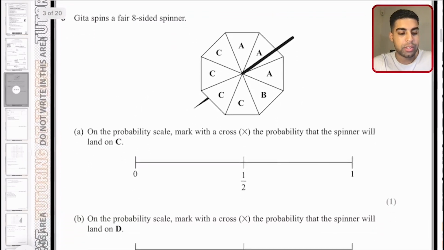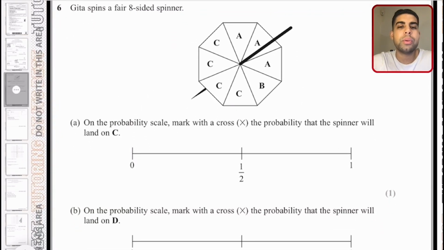And let's move over to question 6. So Geeta spins a fair 8-sided spinner. And on the probability scale, we need to mark with a cross the probability that the spinner will land on C. So the first thing I'm going to do is simply count how many sections we have. In this particular spinner, we have 8 sections, with C taking 4 of them.